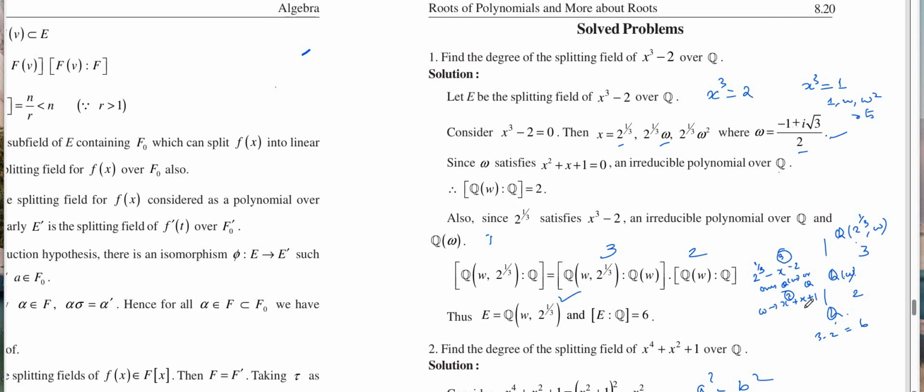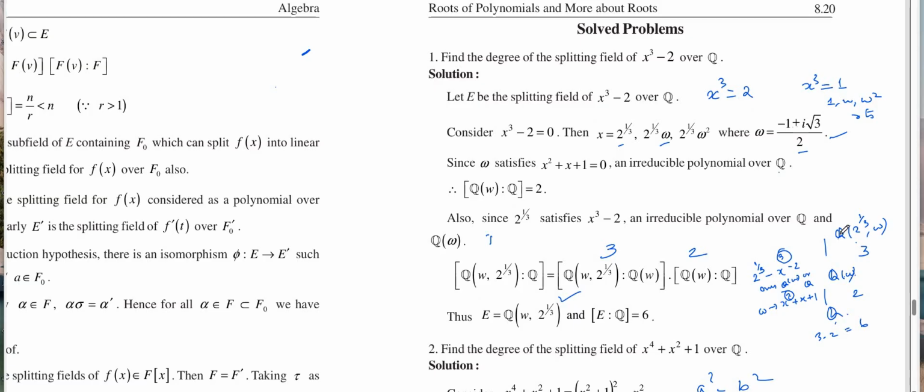Remember, it should be an irreducible or minimal polynomial. Here omega satisfies this, so the degree of this over this is 2. Similarly, x cube minus 2 is the polynomial satisfied by 2 power 1 by 3, whether you consider it over Q or Q of omega. So the degree being 3, the degree of this over this one is 3.